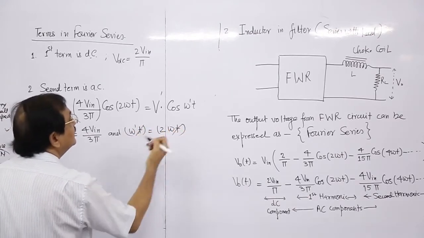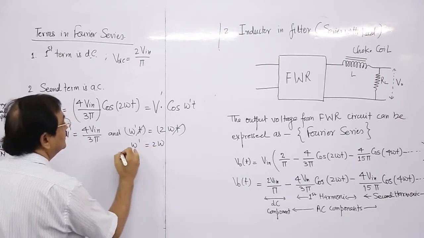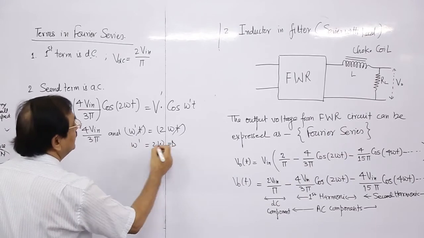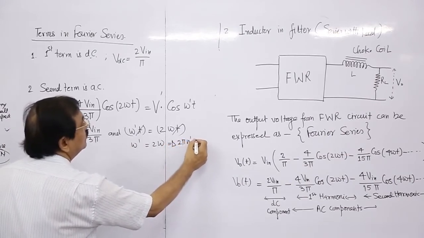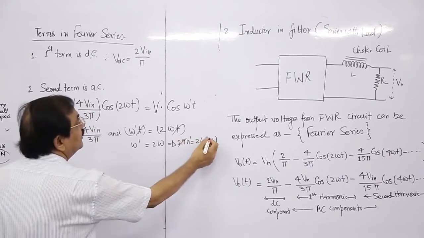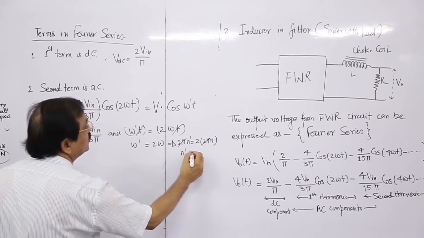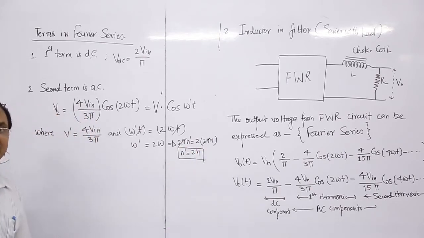So, t cancels, this omega dash is equal to 2 omega, this omega dash is equal to 2 pi n dash, which is equal to 2 times 2 pi n. So, this 2 pi cancels, n dash is equal to 2n.